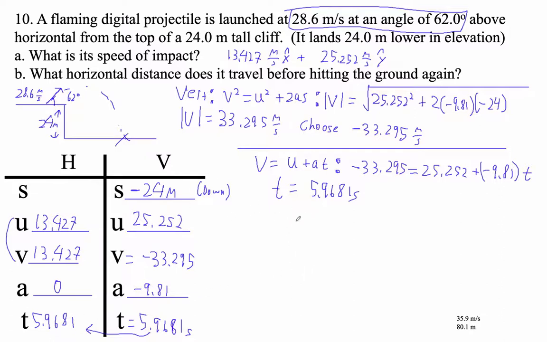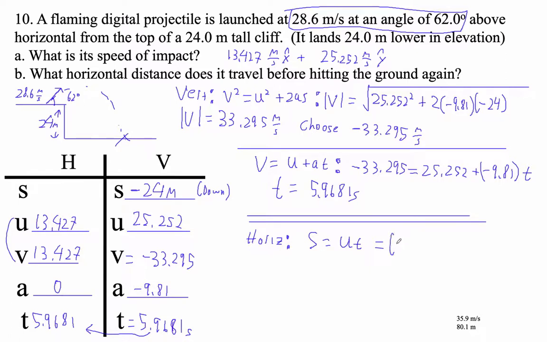All right, and then to find in the horizontal direction, we're just going to do S as UT. We'll find out if we're right here. U is 13.427. And then the T is 5.9681. Let's see if that works.